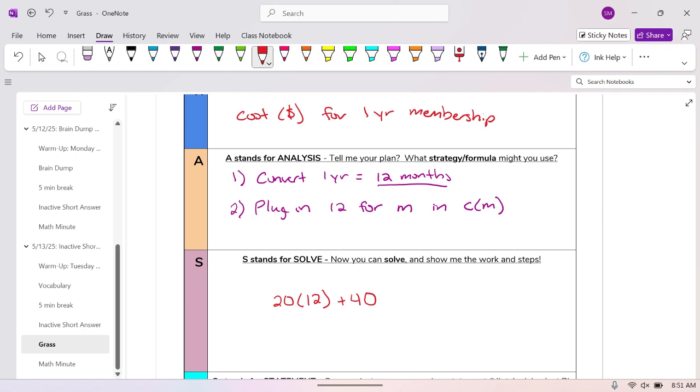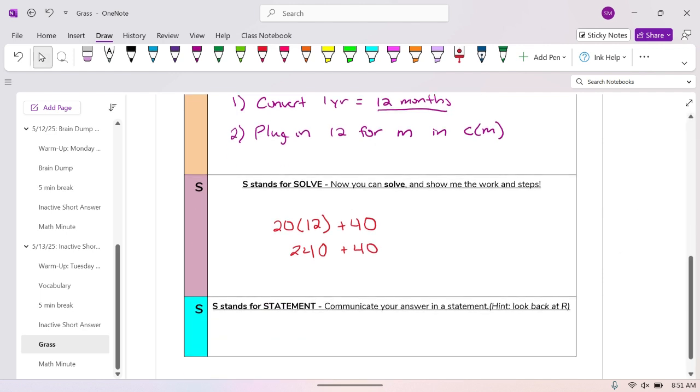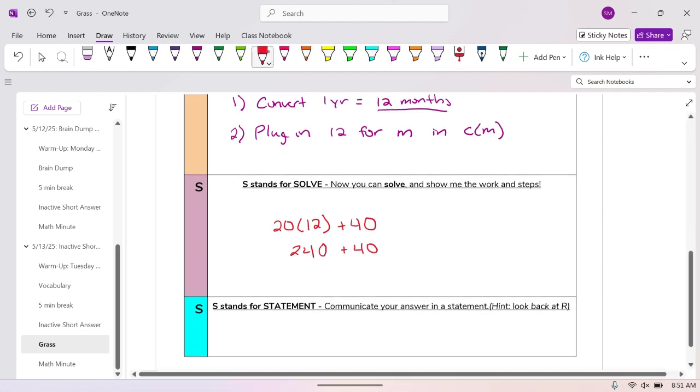Basically, if any number in your multiplication ends in a zero, your answer is going to end in a zero, and then you just multiply whatever's in front of that zero by the other number. So what's 2 times 12? 24. So we have 240 plus 40. And what's 240 plus 40? 280.